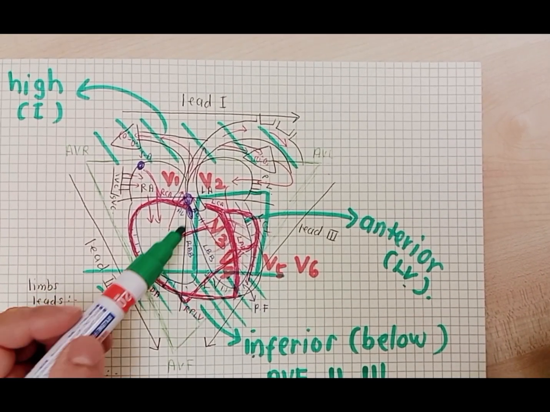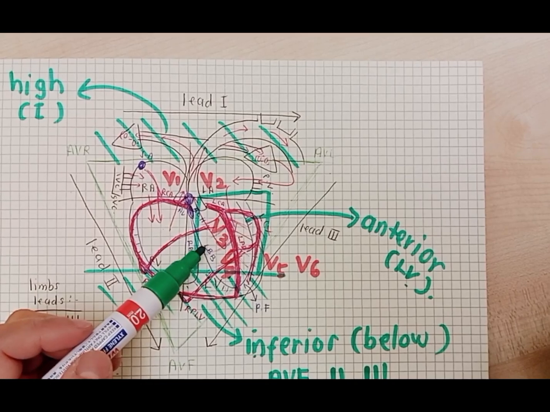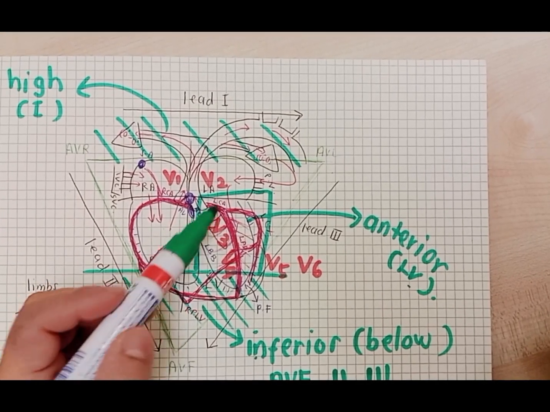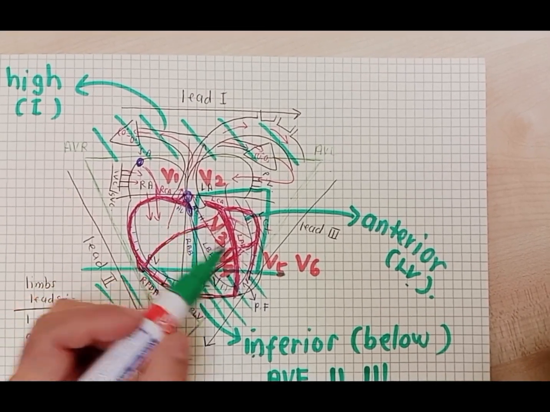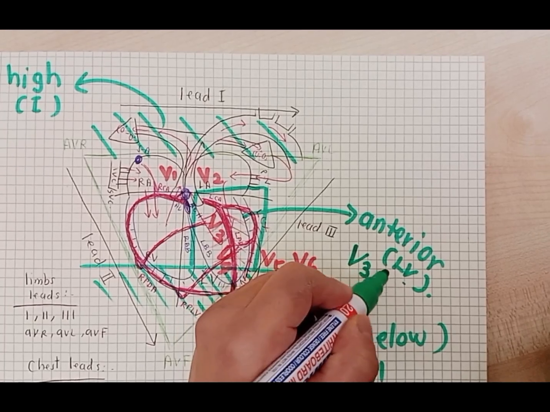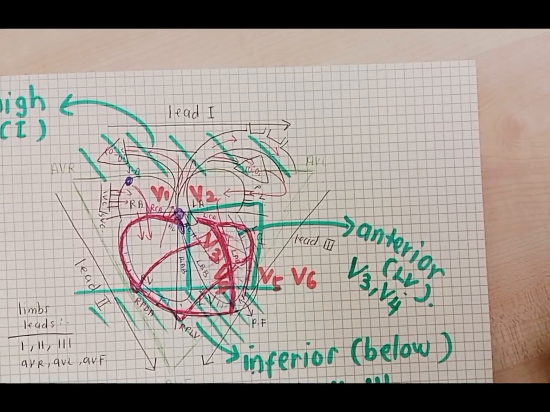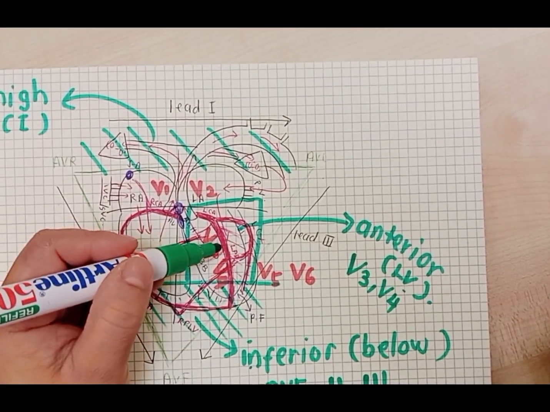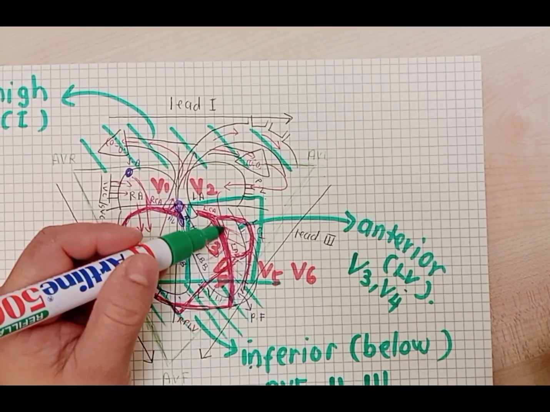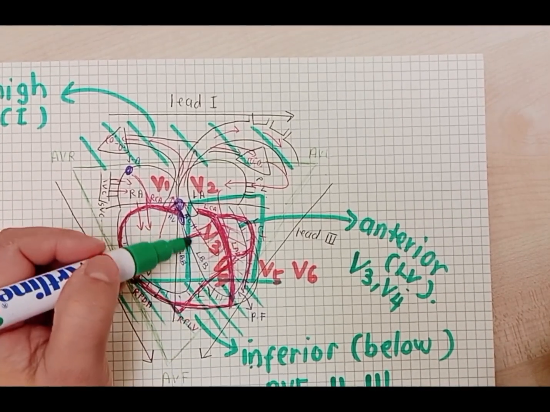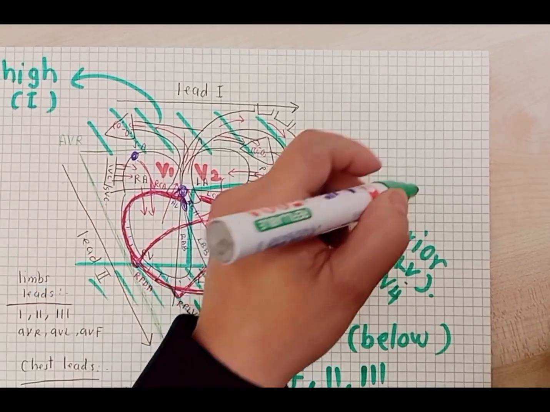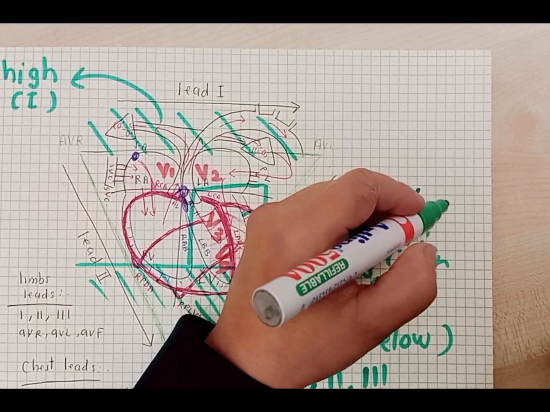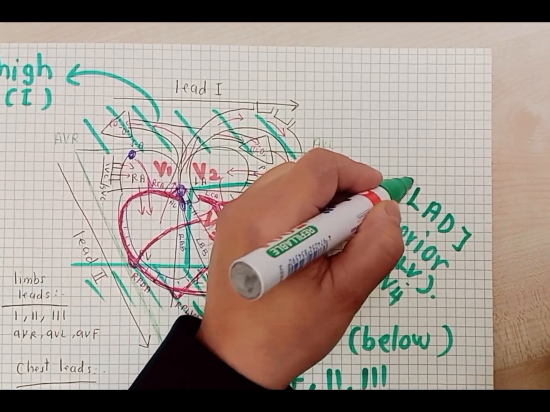The artery that covers the anterior part of the heart, the left ventricle, is the LAD, left anterior descending.